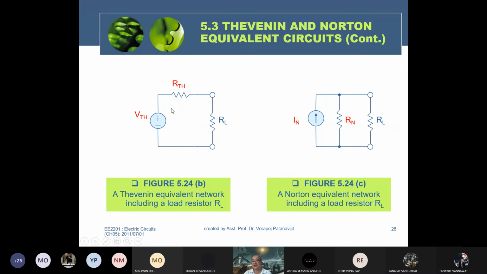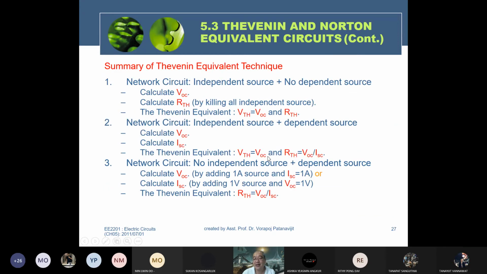The Norton and the Thevenin are equivalent by using the source transform. In this class, I teach you how to determine only the Thevenin. If I ask you to determine the Norton equivalent circuit, you will use the source transform from the Thevenin in the last step.